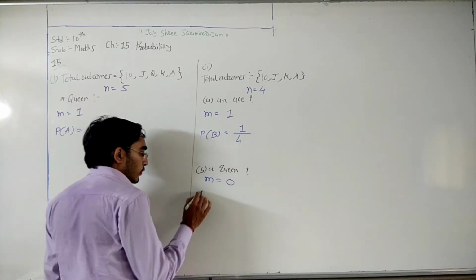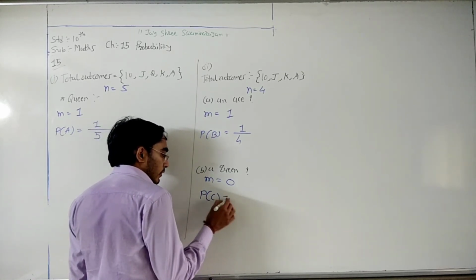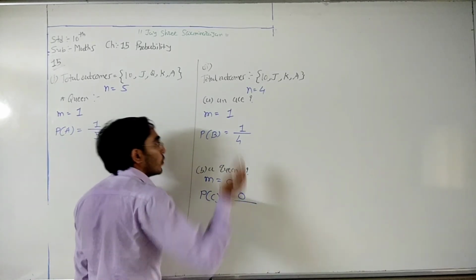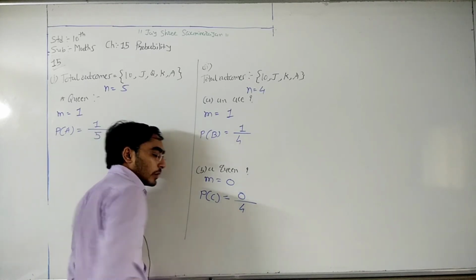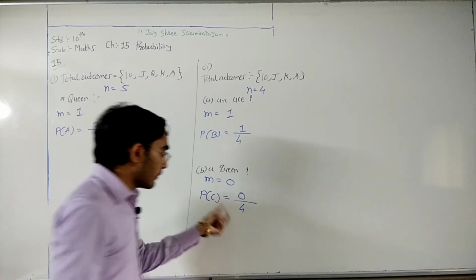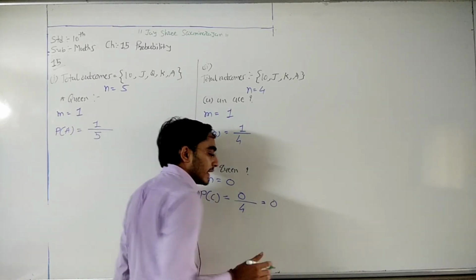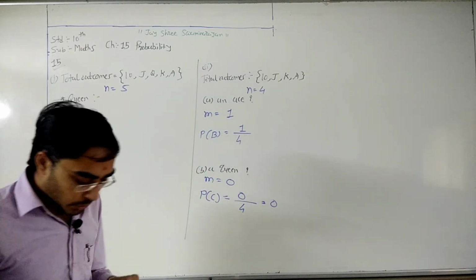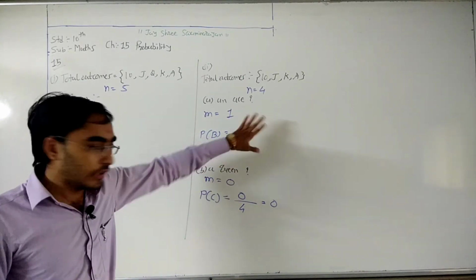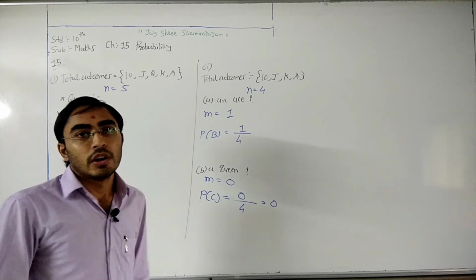Now the probability for this event, favorable outcome 0 divided by total number of outcomes 4. So 0 divided by 4, it is 0. So probability for queen in this case is 0.